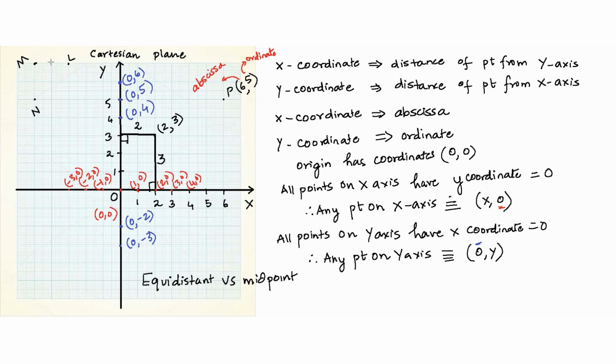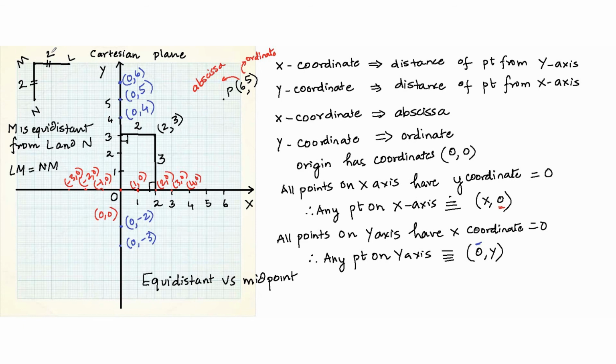You will notice that the distance between ML and the distance between NM is equal, right? Both these distances are 2 units each. So when I say that M is equidistant, in this case I can say that M is equidistant from L and N. It just means that LM is equal to NM, right?